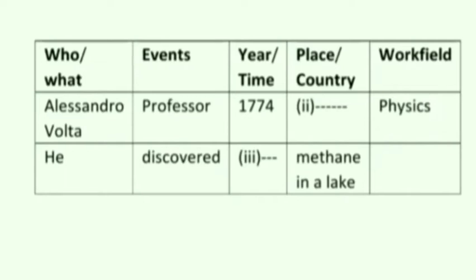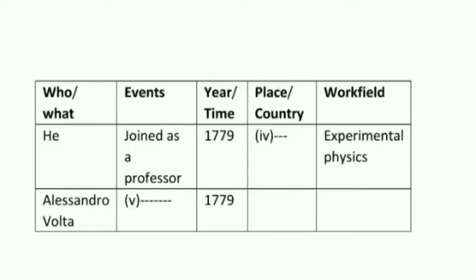Then third gap, that is, he discovered methane in a lake. Here you have to mention the year. So in which year did he discover methane in a lake? Who can say? Yes, you are right. In November 1777. He joined as a professor in 1779 experimental physics.